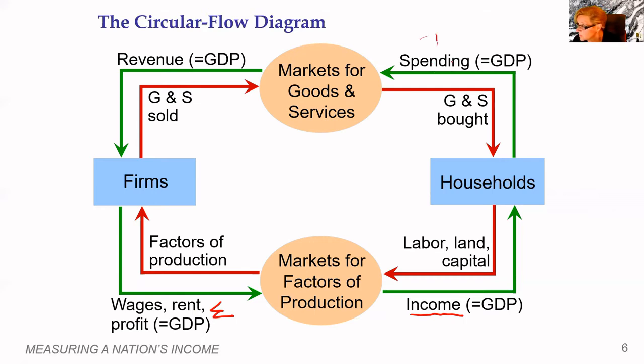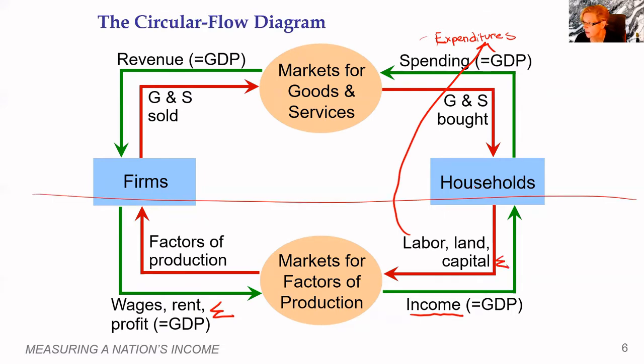What are those expenditures? They come from adding up all the land, labor, and capital. But notice it doesn't really matter, because whatever happens on the top part of this graph is equal to whatever happens on the bottom part. Income or expenditure, it really doesn't matter because they're going to equal the same thing.